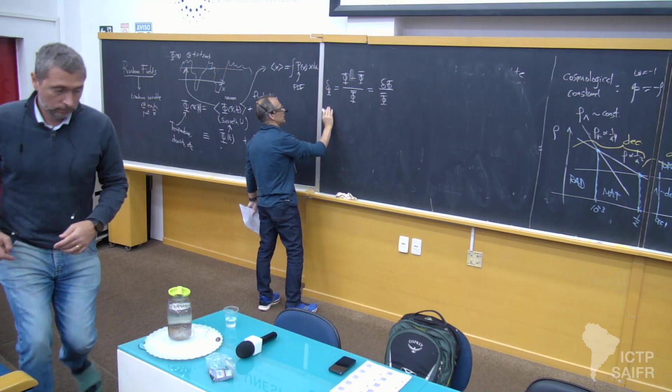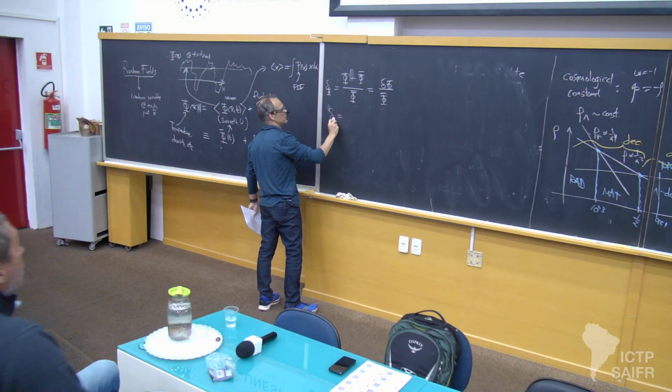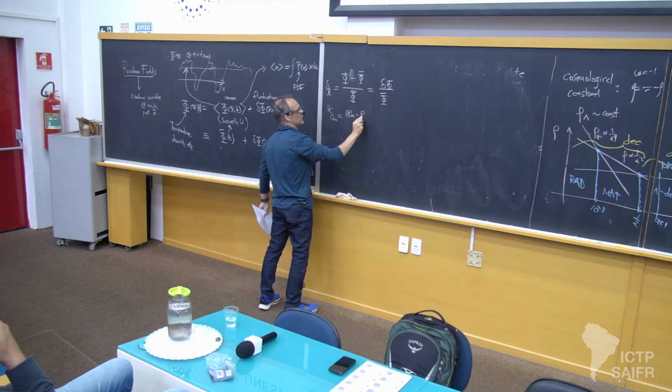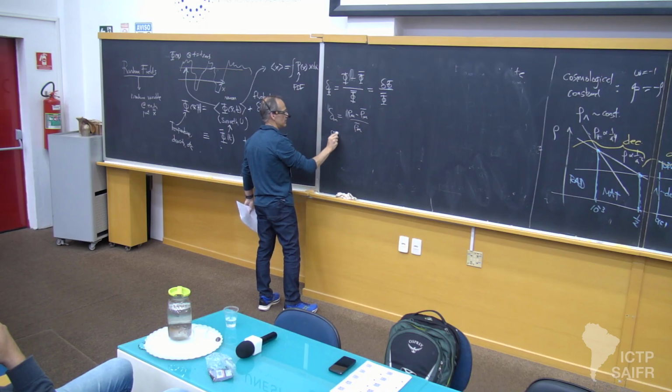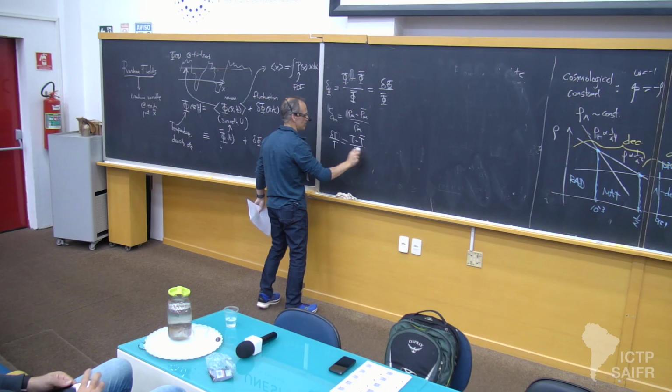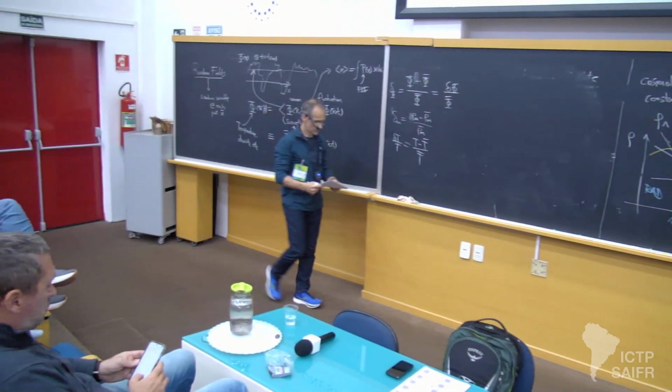Examples are the matter fluctuation, which will be the raw matter minus its average divided by the average, and the same for the CMB temperature and so on.